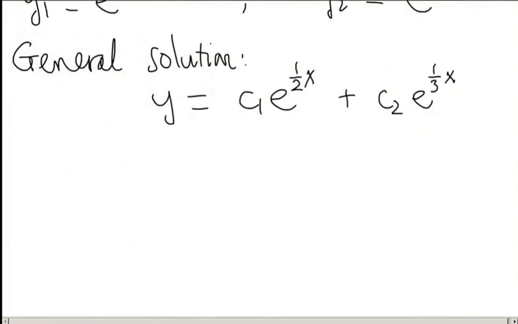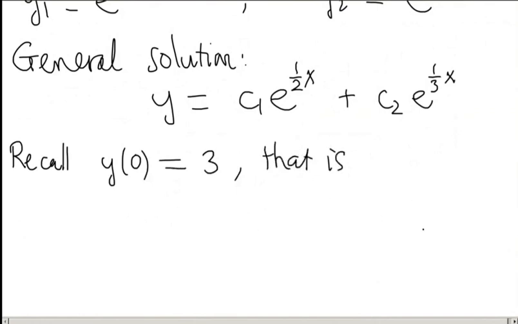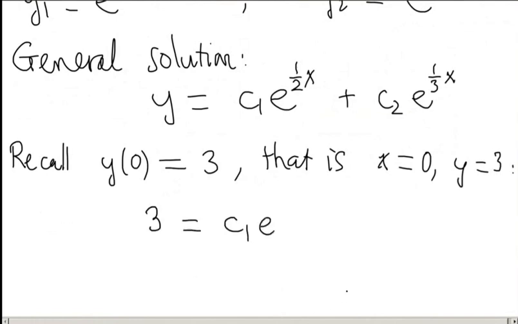Now our next steps are to determine C1 and C2 using initial conditions. So recall the first initial condition is y(0) equal to 3. That is, when x equals 0, y equal to 3. So we have 3 equal to C1 e to the 0 plus C2 e to the 0.